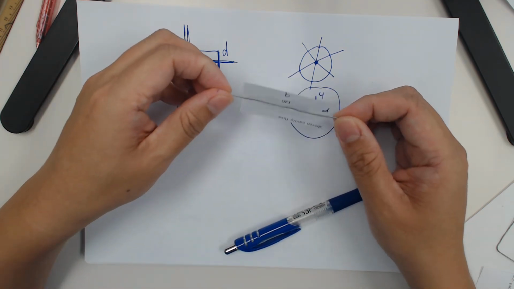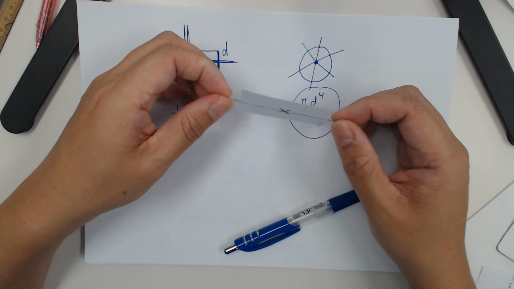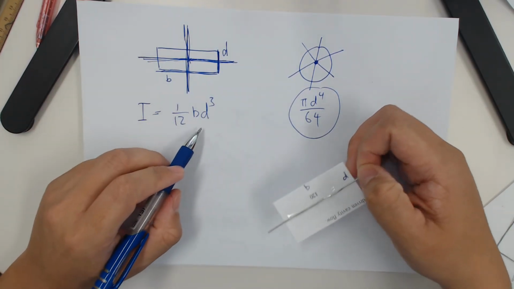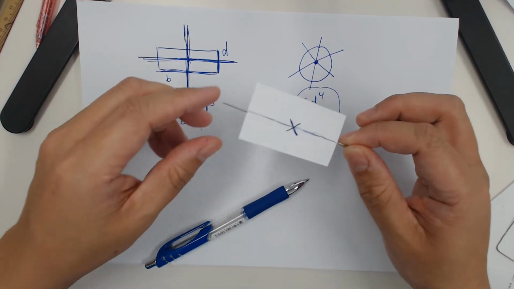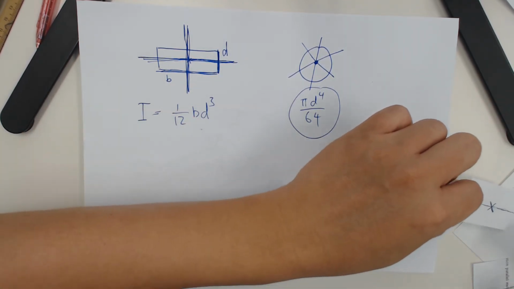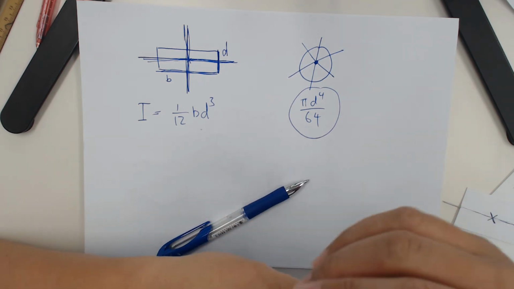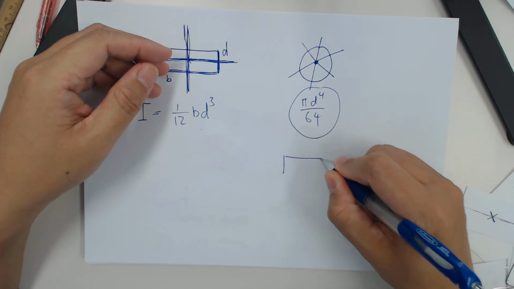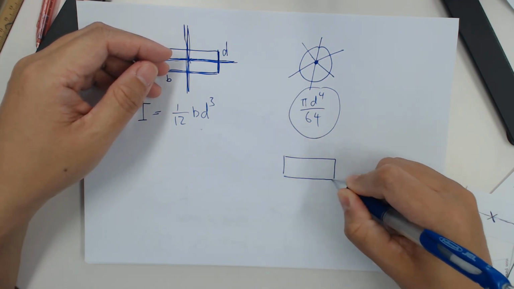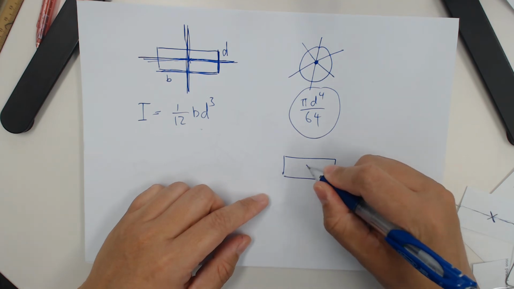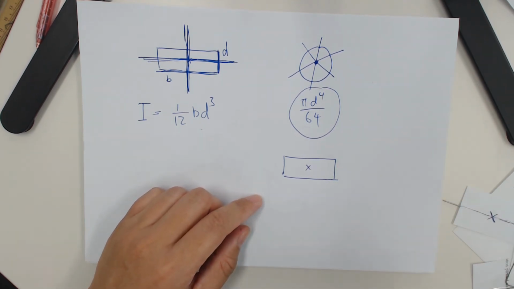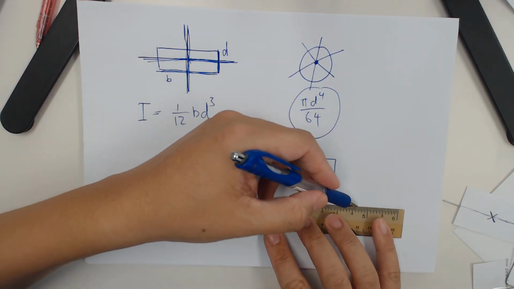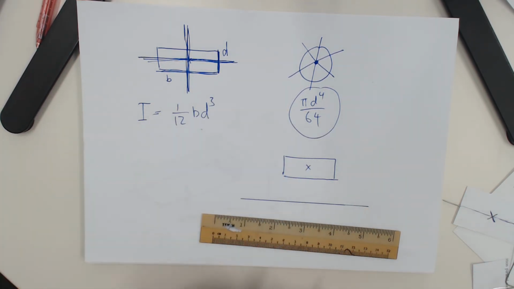What if it doesn't cut at the centroid? Then the I will be a bit more complex than just this term already. Here is an illustration of how it can rotate away from the centroid. Suppose I have a rectangle here, and you know the CG is here, but now I want this rectangle to be rotating about this line.